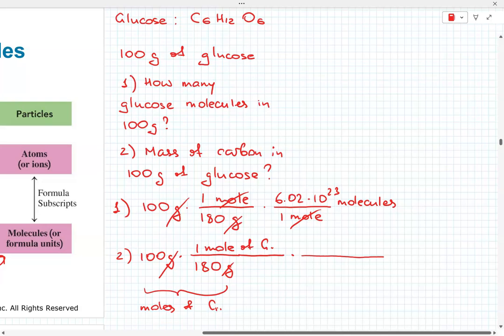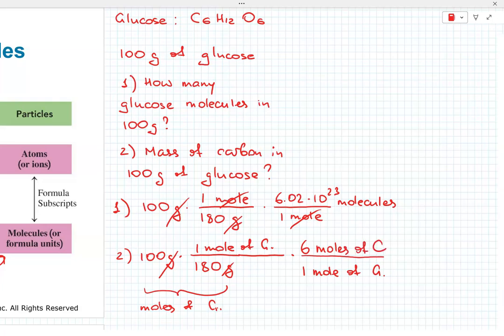What do we put in the bottom? Of glucose. Look, we have to go from moles of glucose. 1 mole of glucose contains how many moles of carbons? Yes, 6 moles of carbons.